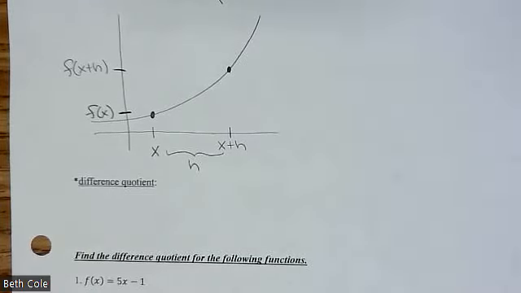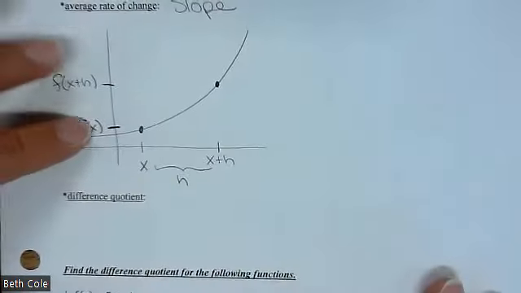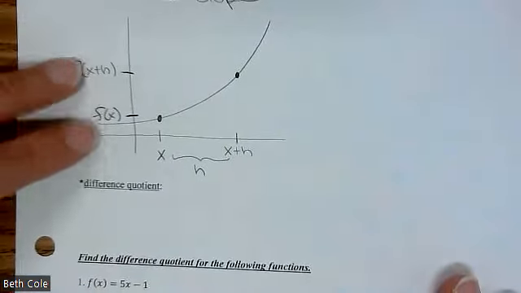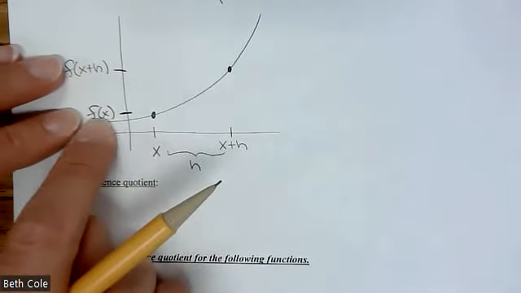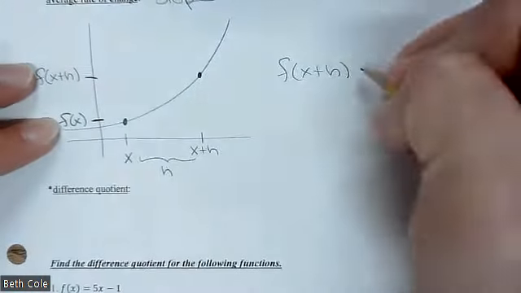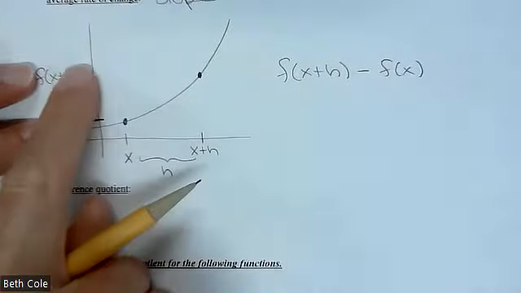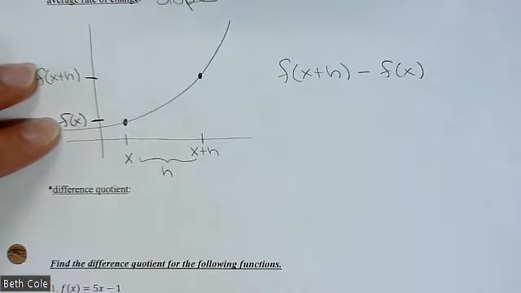And what we're going to do is the slope. So just watch me point to these. What we did up here is we subtracted the y values. Look, these two are your y values. Do you see them right here? Okay, it's going to be this one minus this one. So f of X plus H minus f of X. We're just subtracting the y values.